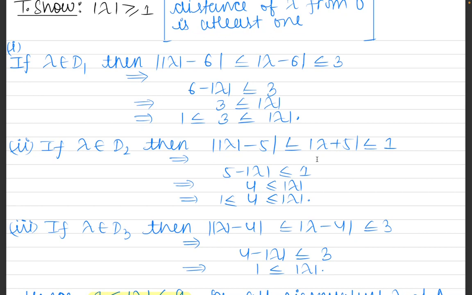So in either case, mod lambda is at least 1. Hence mod lambda is between 1 and 9 for all eigenvalues lambda of A.